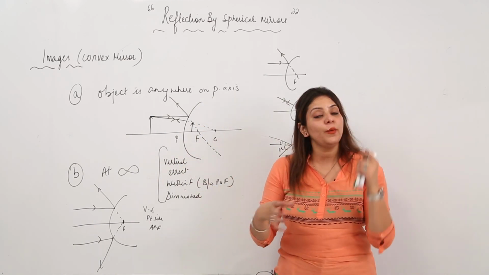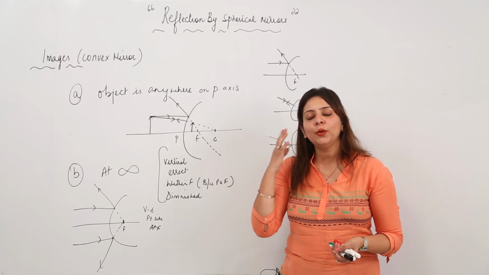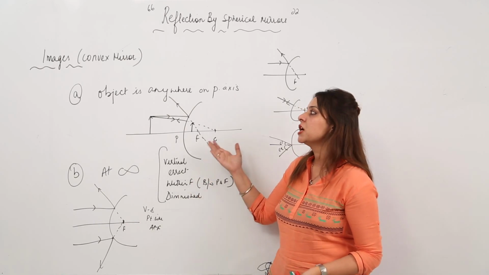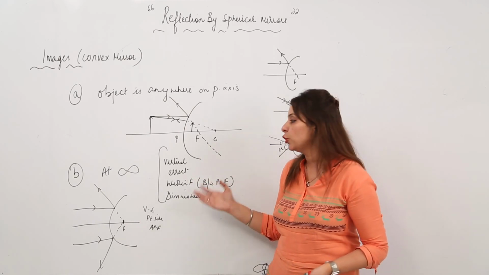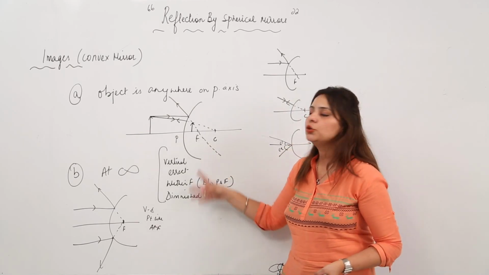So whenever you get a question like, which mirror always forms a virtual image, you should be quick to answer that it is the convex mirror, because the convex mirror always forms an image which is virtual and erect. So these are the 2 cases.